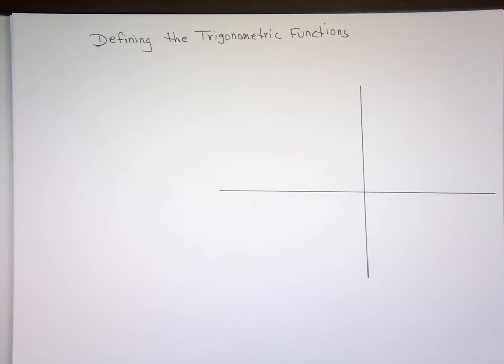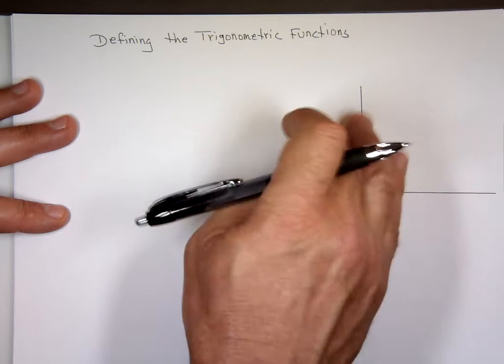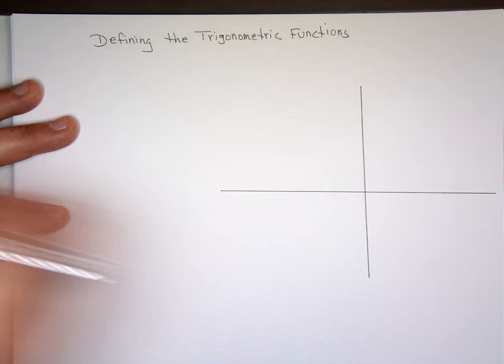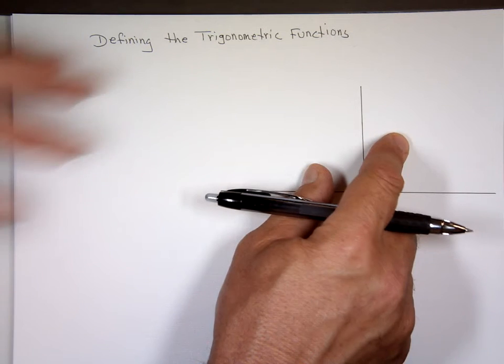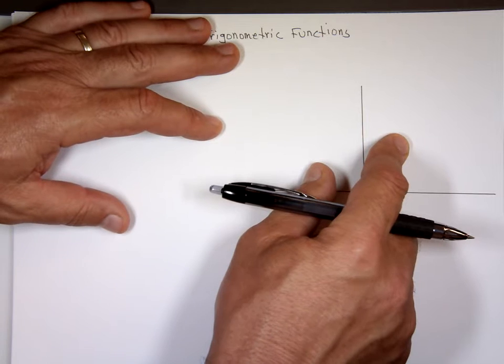We're going to talk about standard position angles. If you notice, the graph is broken down into 4 pieces, and we call them quadrants. So this is the first quadrant.